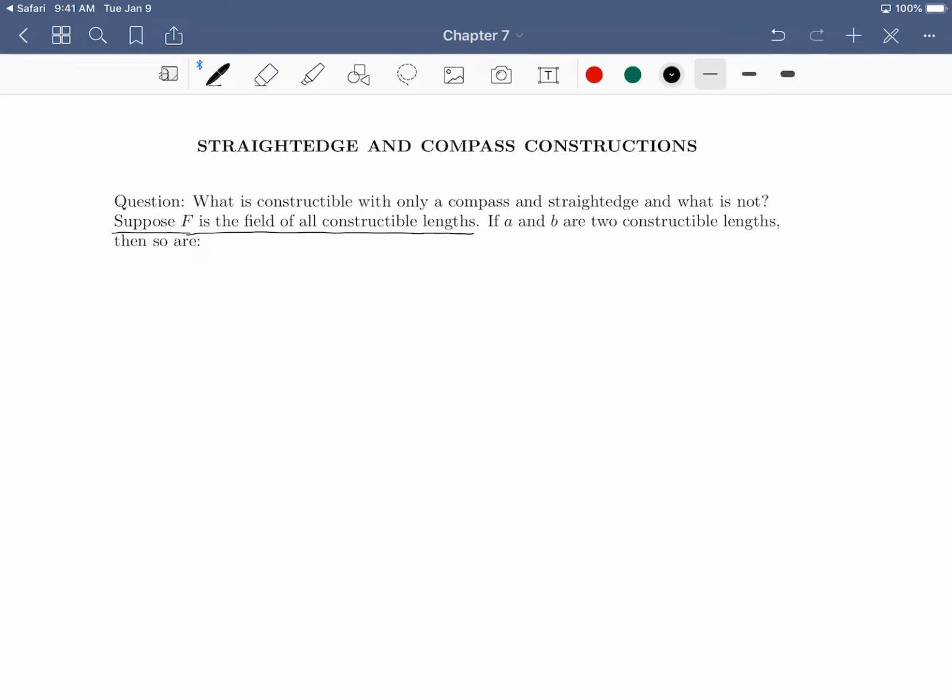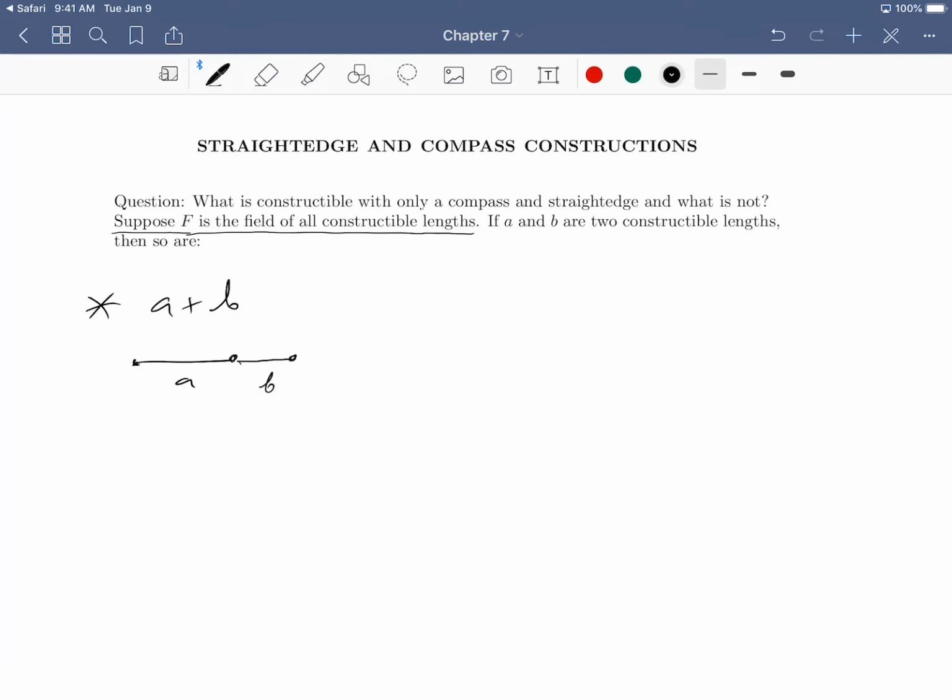In particular, if I could construct lengths A and B, what else could I construct? If I knew how to make a length A and a length B segment, one thing that is pretty straightforward to make is length A plus B. I do that by making a length A segment and then making a length B segment, setting my compass to that length and extending off the end of the A by B more units.